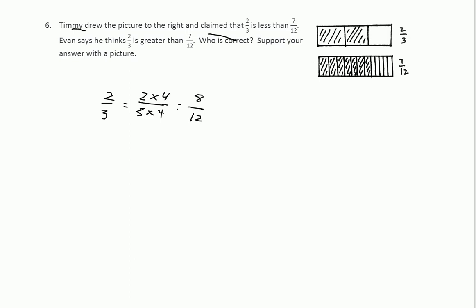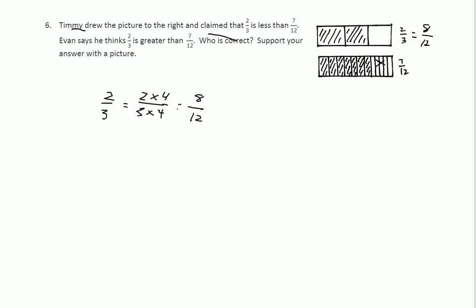So actually, who is right? It is 2/3, because this up here equals 8/12. So even though the picture appears that the 7/12, why is that? Because look at all these over here are real skinny. Okay, so pictures can sometimes be deceiving.